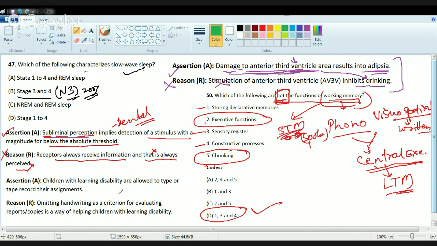Now the next question is about learning disability. Before we read the question and try to solve it, first let's understand what learning disability is. Learning disability or learning disorder is an umbrella of a variety of terms. A child or person who has a problem to see, hear or write would all be classified under learning disability.